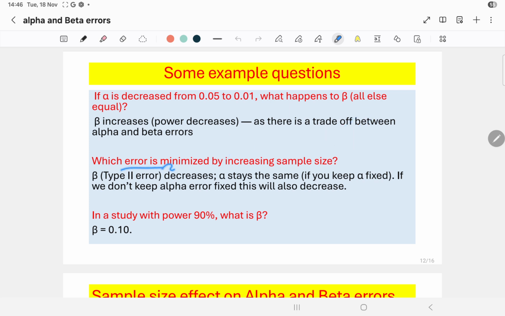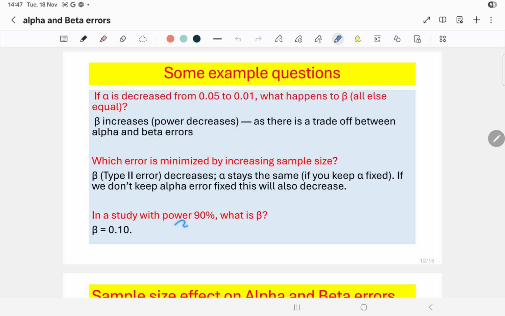Which error is minimized by increasing sample size? Beta error decreases, alpha error stays the same if you keep alpha fixed, as we have discussed. If we don't keep alpha error fixed, this will also decrease.